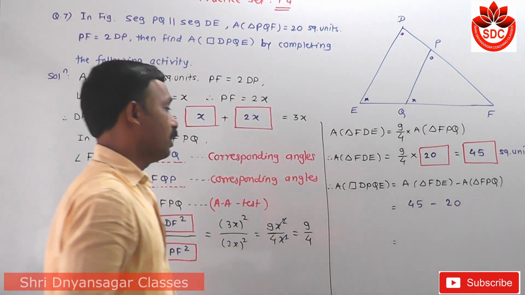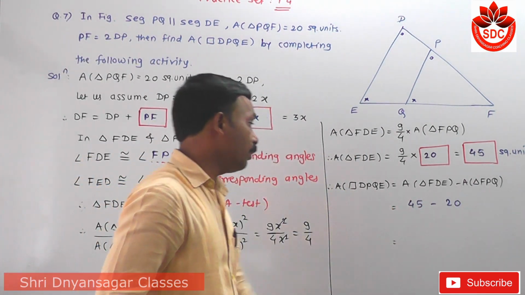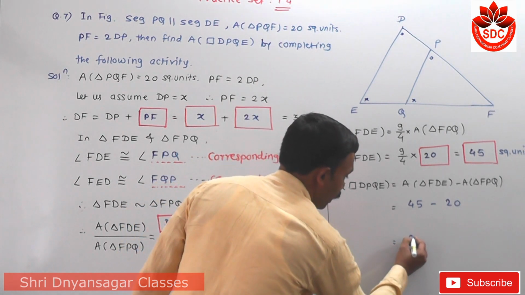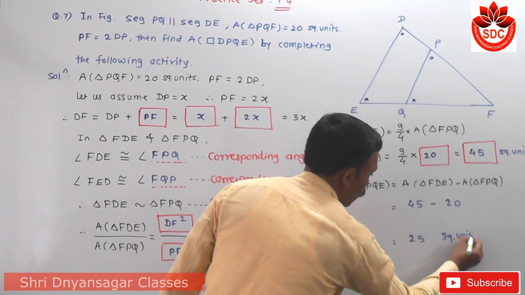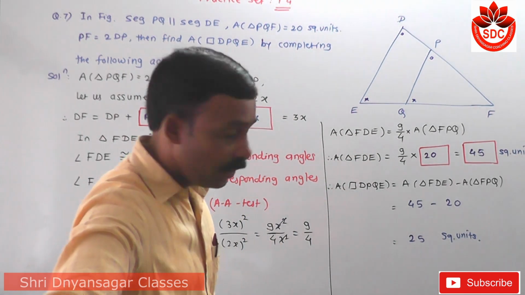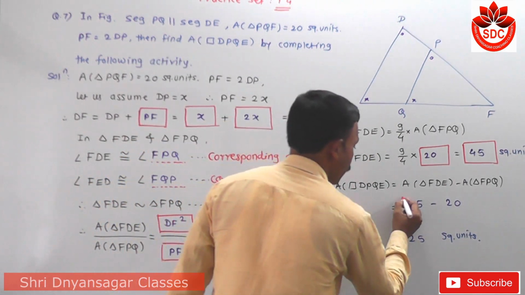When we take its subtraction, it becomes 25 square units. Okay. Now this is the fill in the blanks, so I have taken the bracket for it.